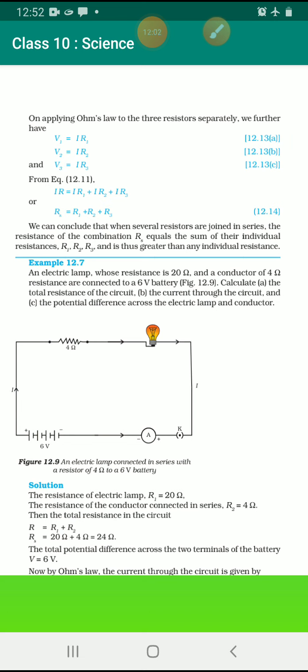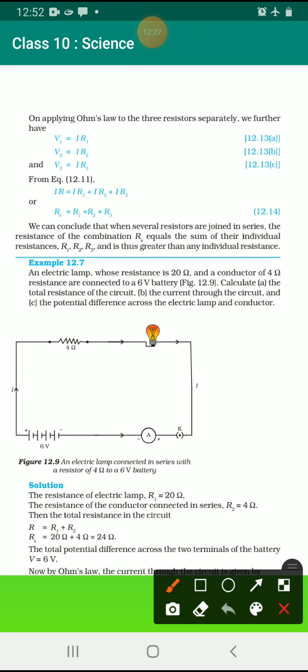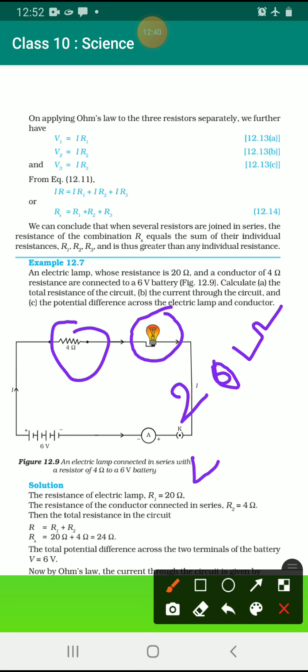Here he has given two resistors. The lamp has a resistance of 20 ohm, and the conductor has 4 ohm.